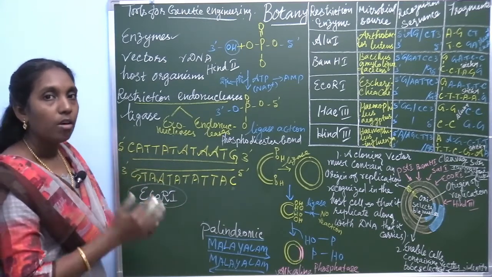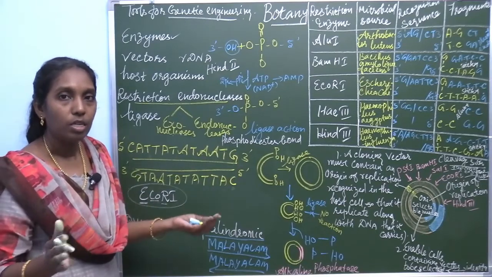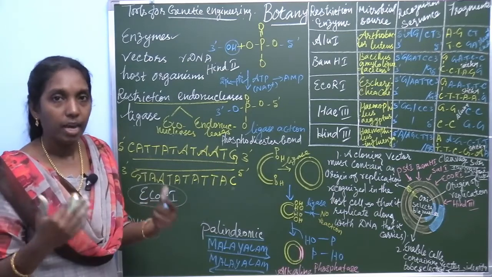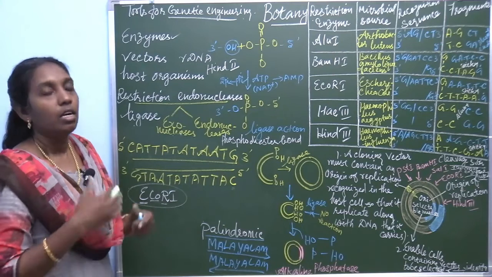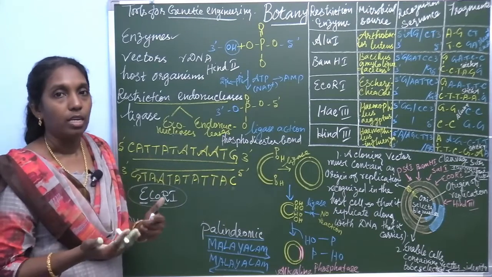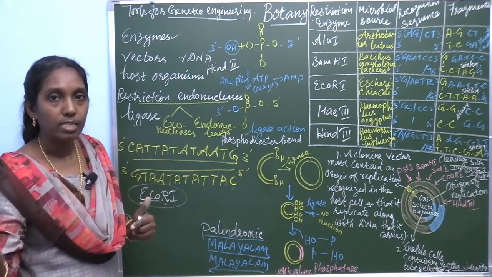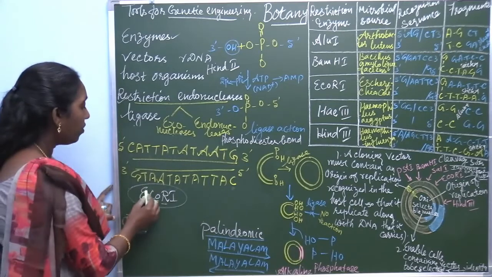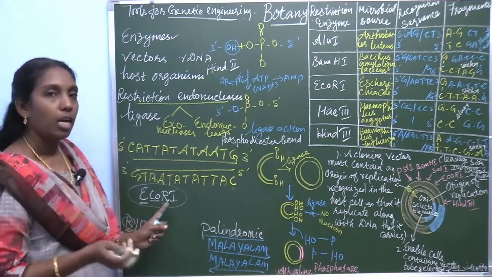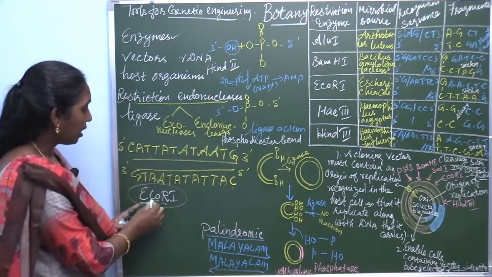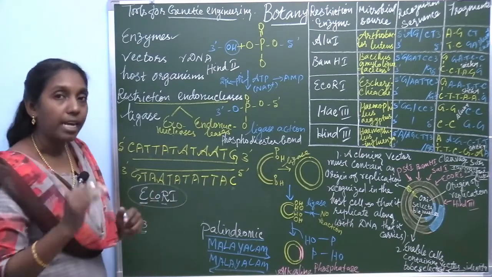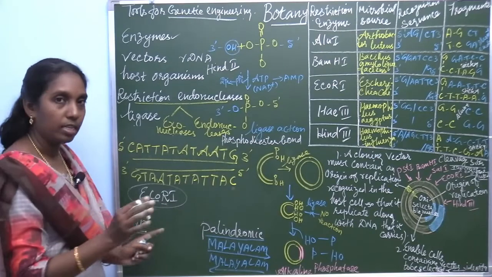How to name these? Almost all of them are obtained from bacteria, because bacteria secrete a number of restriction enzymes. From there, the genus name and species name: Escherichia is the genus name, coli is the species name, a binomial. The first letter of the enzyme name comes from the genus, followed by the next 2 letters from the species name, and then the strain R. Here RY13 is the strain.